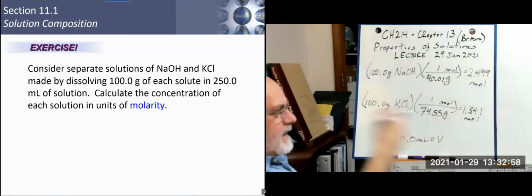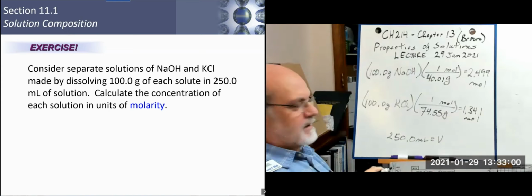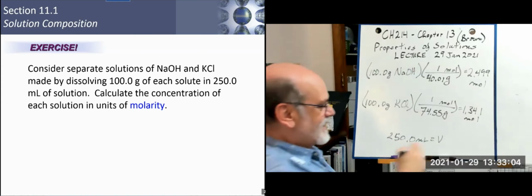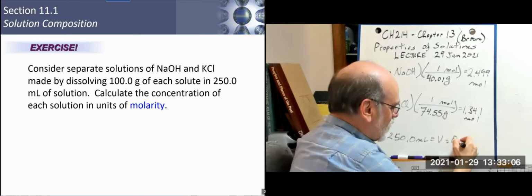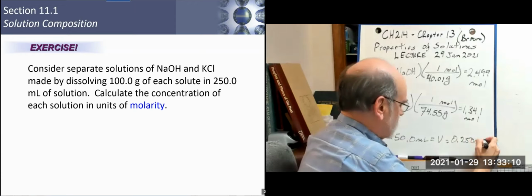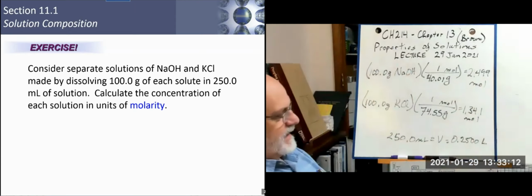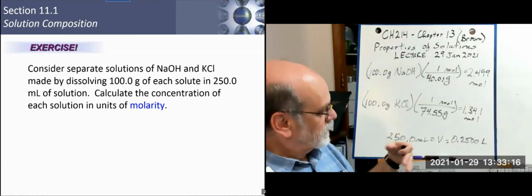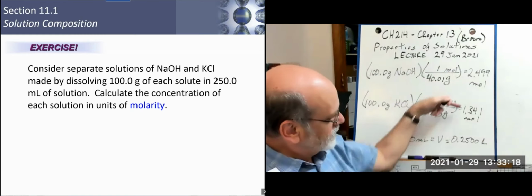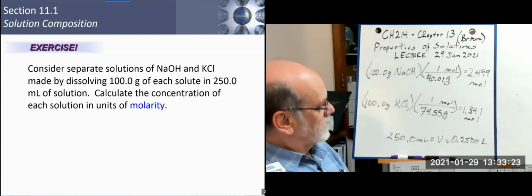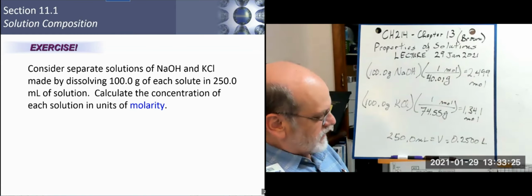Okay, now we can calculate, except that's not in liters, is it? So we need 0.2500 liters. Now, concentration is moles per liter. So we divide this one by that, and then we divide this one by that. So let's see, 2.499, enter 0.25, divide.